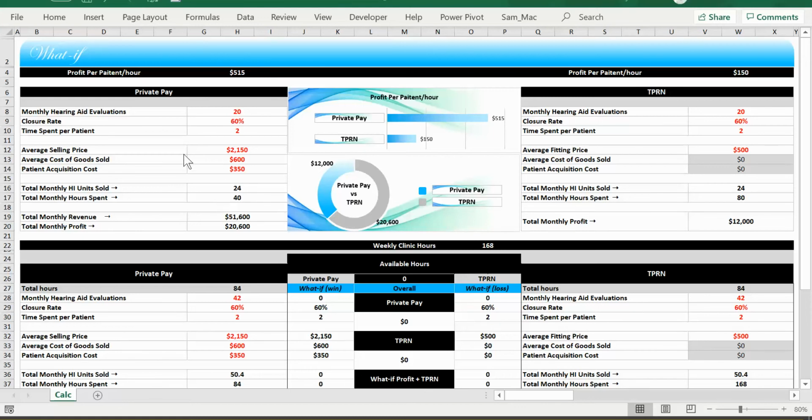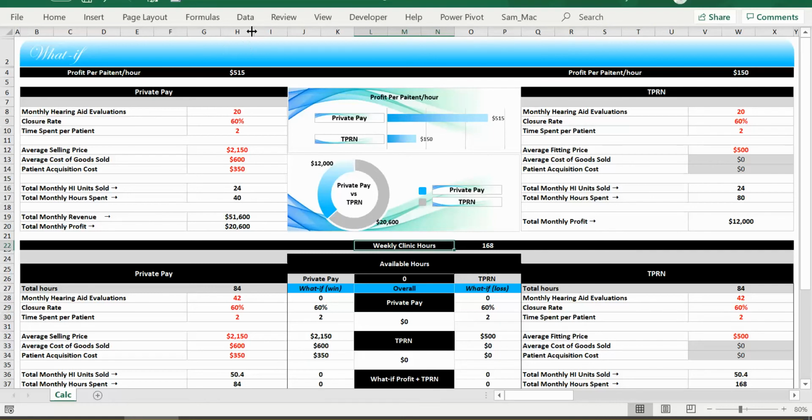This first part is pretty straightforward in terms of what you pay and how many hours you have, based on your TPR as well as your private pay, and it shows the information here.